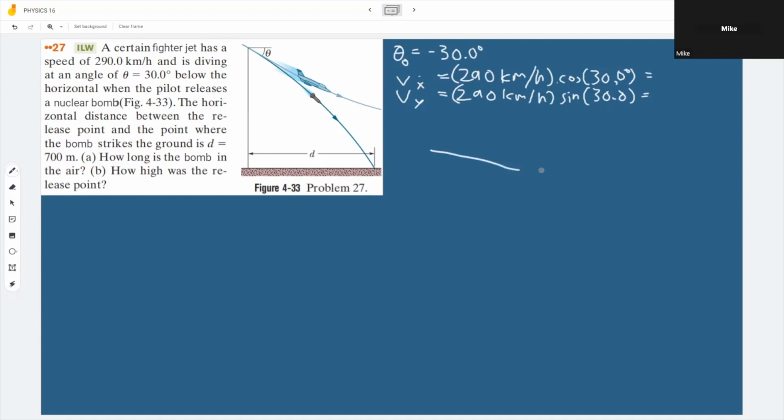Positive. Okay, so it's moving positive x. And then 290 sine 30, 145 positive din, huh? That's moving up. The initial velocity is moving upwards.